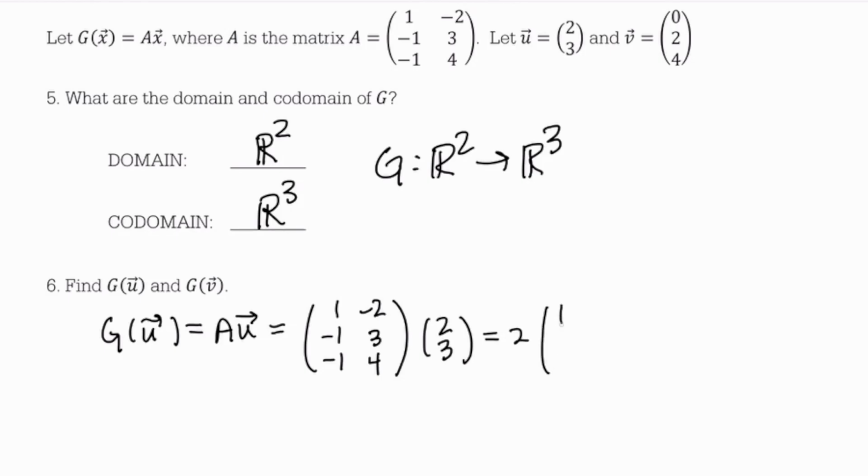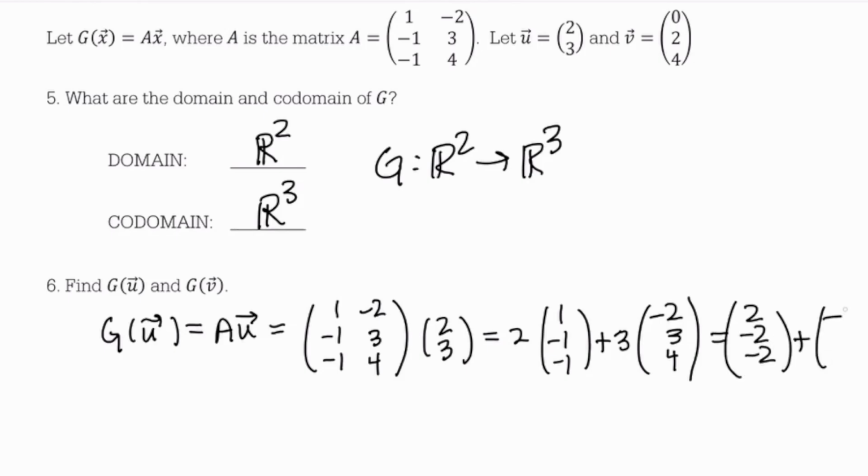So I'm going to say 2 times (1, negative 1, negative 1), plus 3 of (negative 2, 3, 4). That's going to equal this, 3 times 3 and 3 times 4. And then that will be, let's see, negative 4, plus 7, and plus 10.